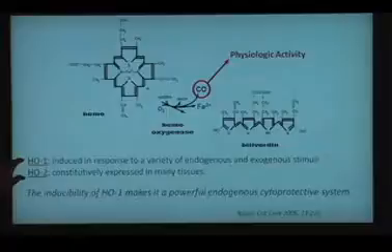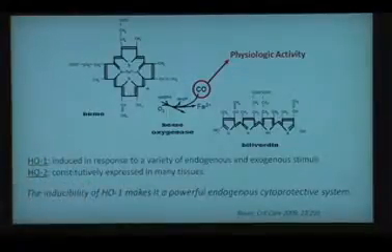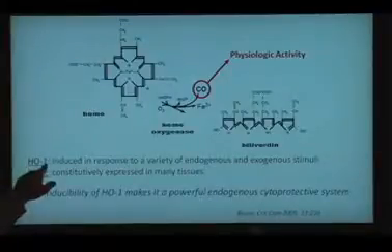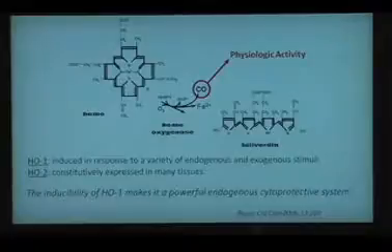Heme oxygenase is available in two forms. There's one form that's always working as part of the normal turnover of hemoglobin in the body, and then heme oxygenase 1 is the one that can be induced to produce more CO in the setting of disease.